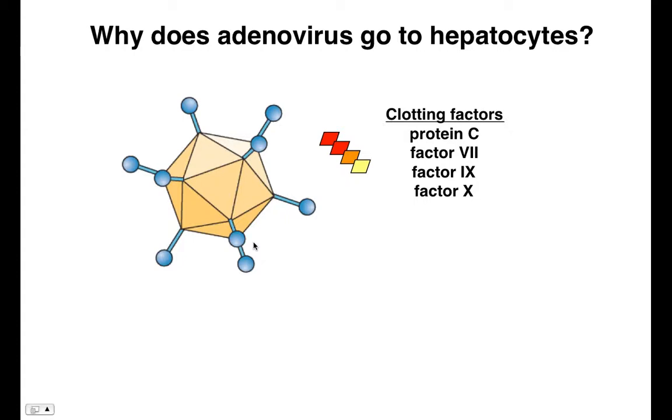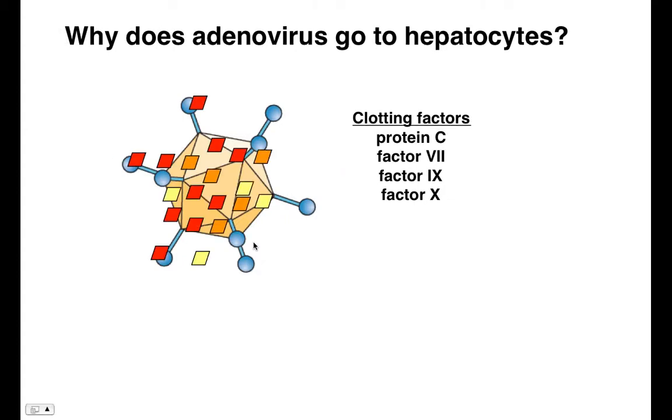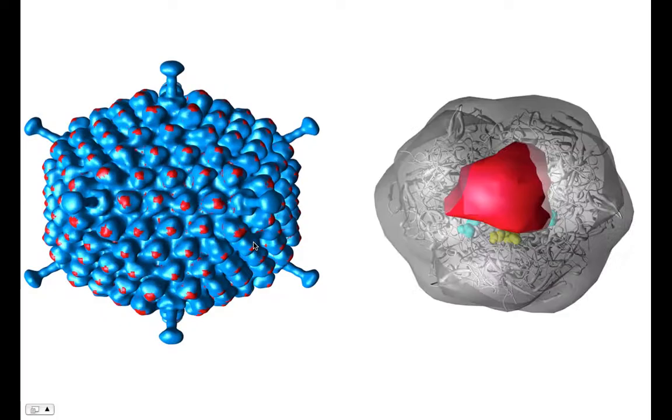Basically the adenovirus gets stuck in the liver by the filtering mechanisms, especially because these clotting factors can get pasted onto it. So this slide is just showing how factors 7, 9, and 10 can cause this liver targeting. Okay.